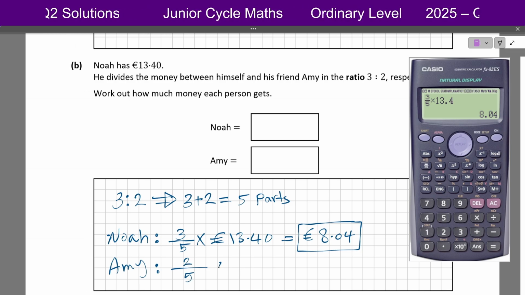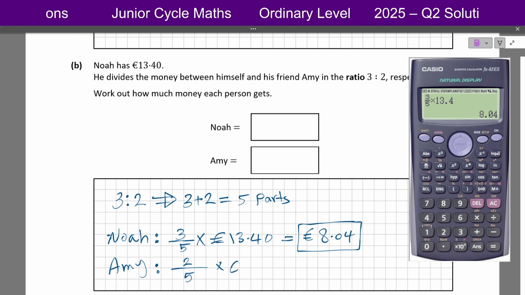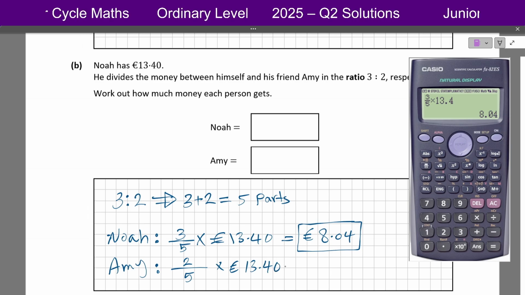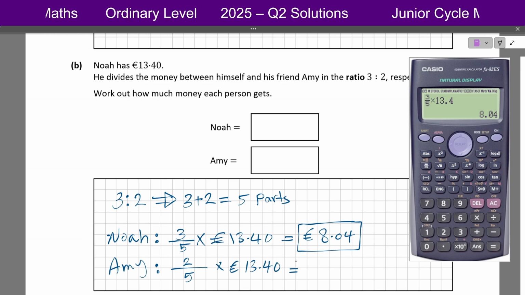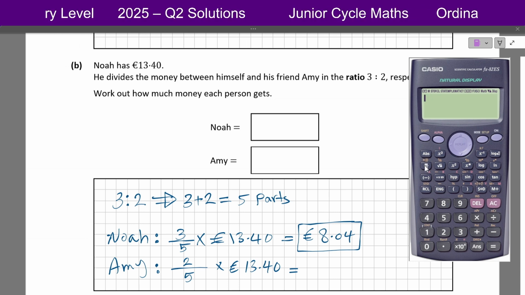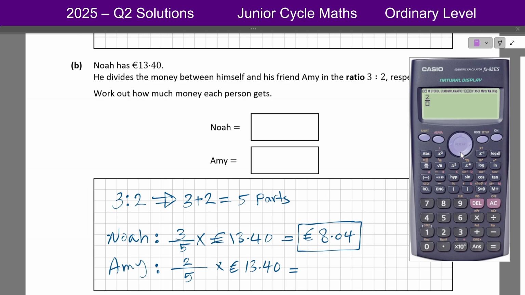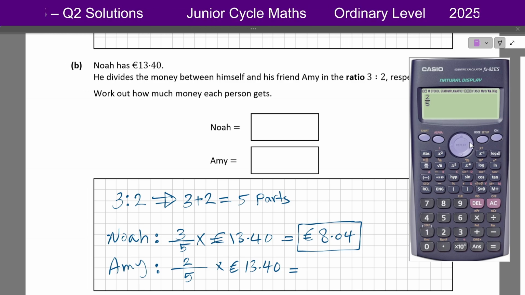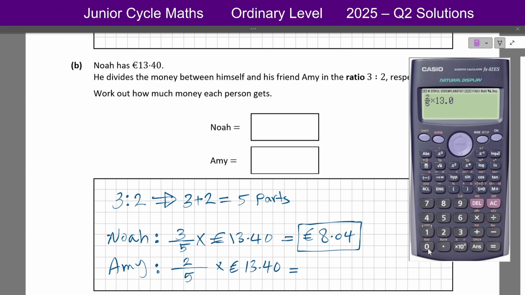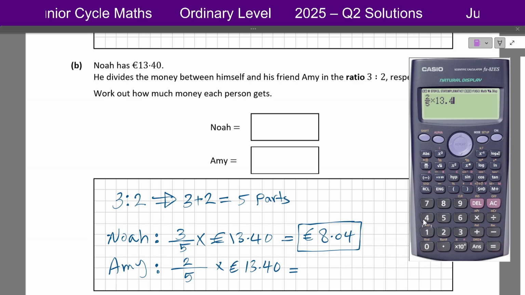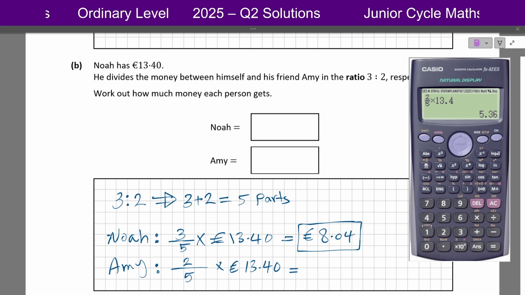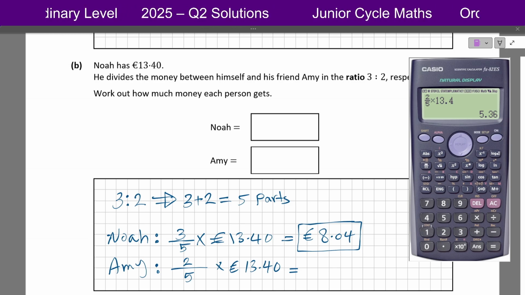We multiply by the same number, 13.4. Using the calculator, we say 2 over 5 multiplied by 13.4, and the answer in decimal form is 5 euros and 36 cents.